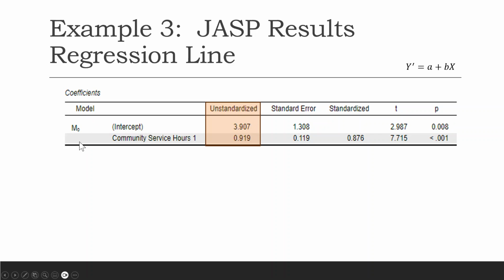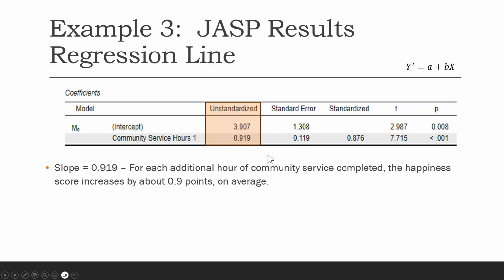And on the line that corresponds to our X variable, which was community service hours 1 in that data set, this gives us information about the slope. So in this example, I'm going to go to this unstandardized column here. We're not going to worry about standardized here. We'll talk about that when we get to multiple regression. But this is the value of my intercept A, and this is the value of my slope B here.